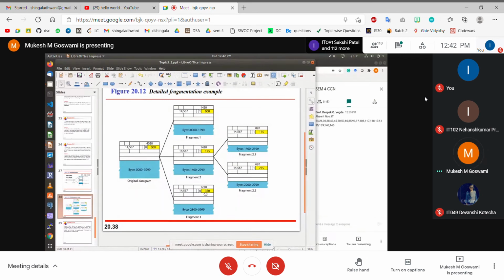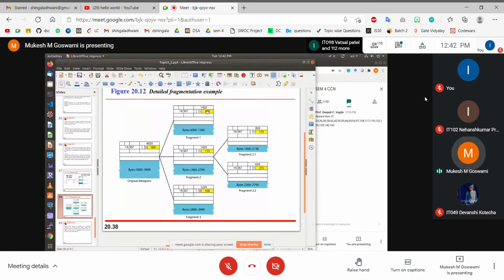Okay. So in order to do that, the first fragment, obviously the more fragment bit is equal to 1 because this is the first fragment. This is the second fragment, so more fragment bit is equal to 1. And this is the last fragment, so therefore the more fragment bit is going to be equal to 0.